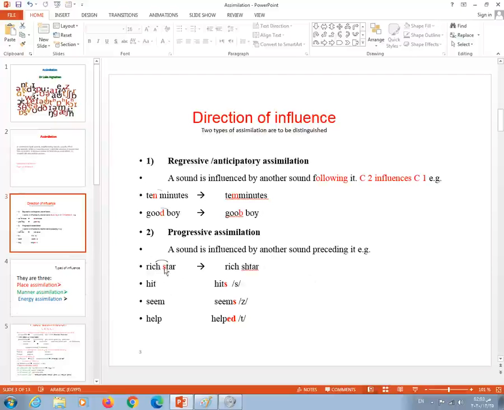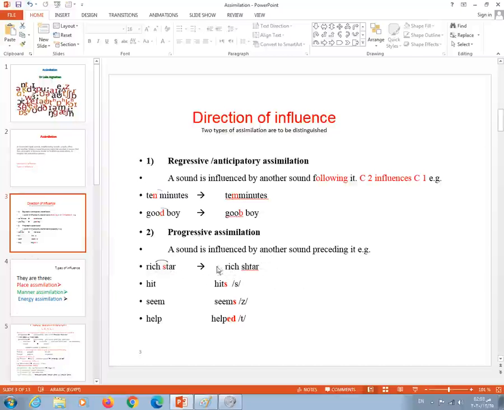And the second word starts with a consonant which is s. So what happens is that the first consonant affects the second consonant. So we say rich shtar. So one affects two. So we move forward, not backward.